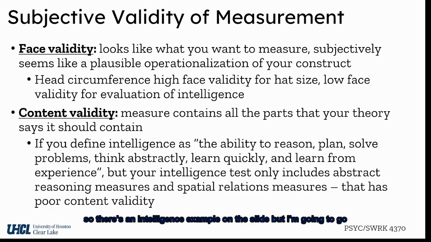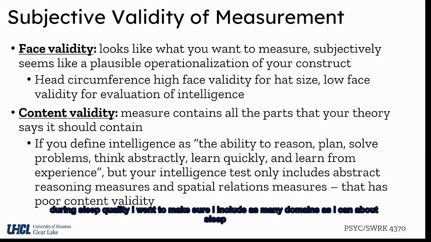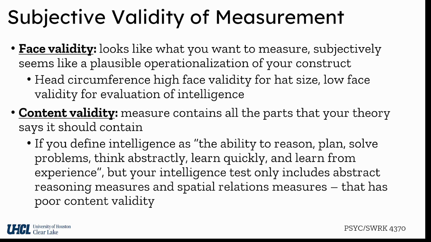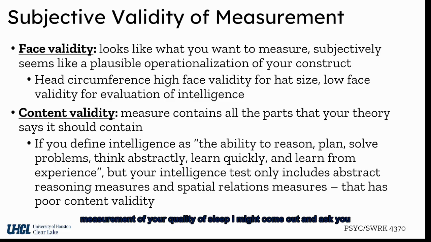So there's an intelligence example on this slide, but I'm going to go again with the PSQI, the Pittsburgh Sleep Quality Index. So if I'm measuring sleep quality, I want to make sure I include as many domains as I can about sleep. I might look at sleep duration, how long you sleep during the night. I might look at sleep latency, how long it takes you to fall asleep. I might look at your subjective measurement of your quality of sleep.